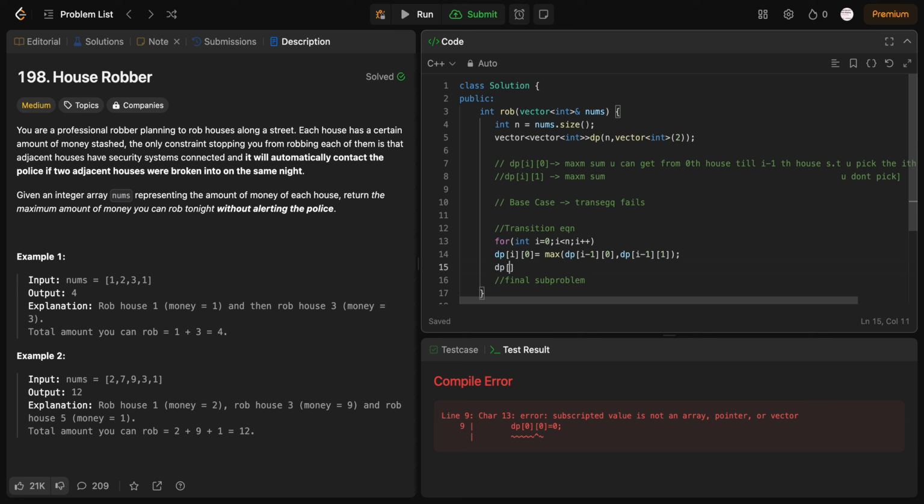And another case is dp of i, 1, where the value here would be the array value at i plus, when you don't pick, dp of i minus 1, you pick them at last. Here it's nums of i, so here we can write nums.